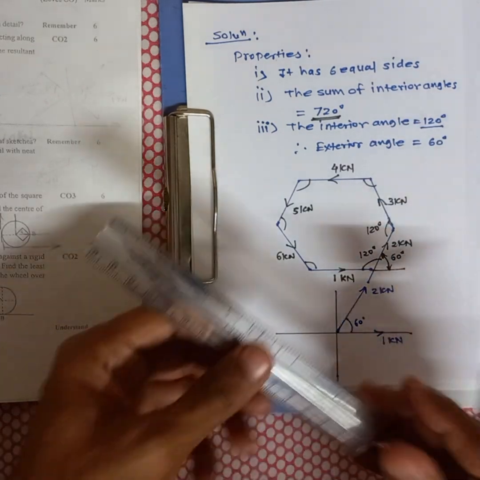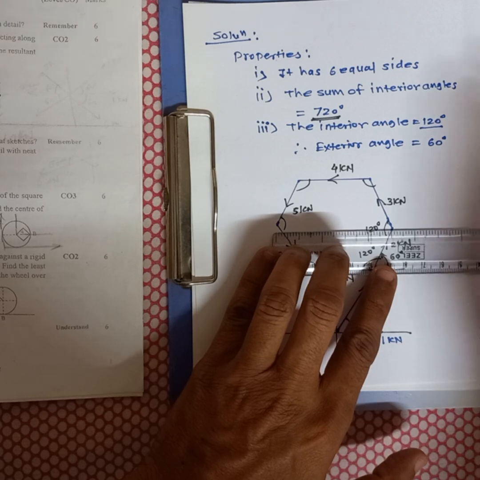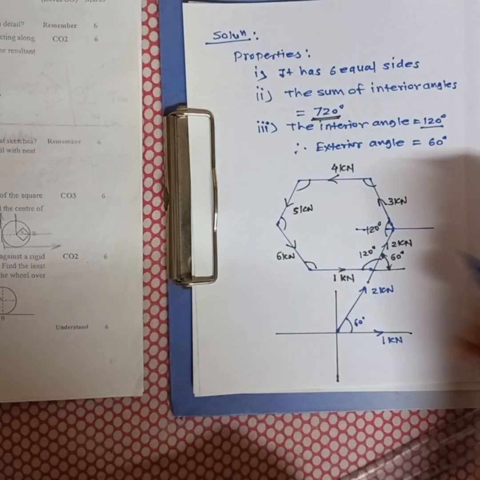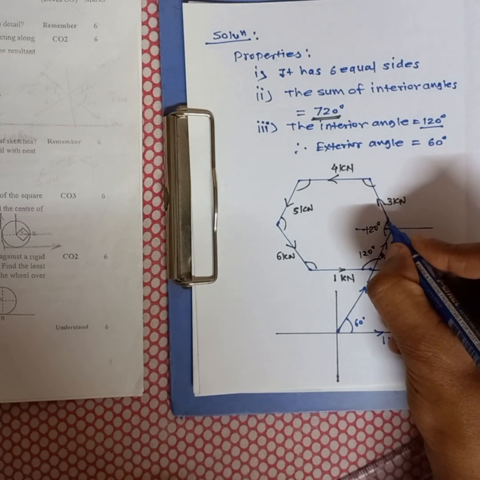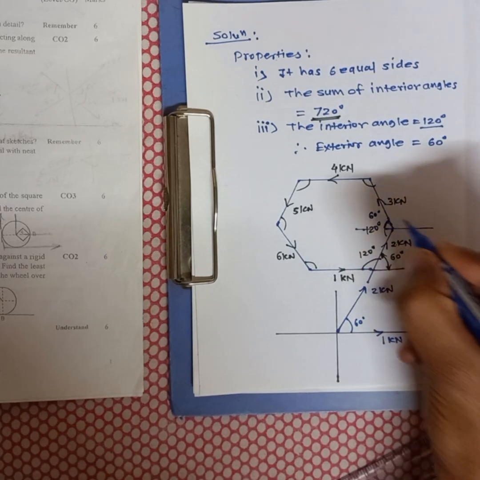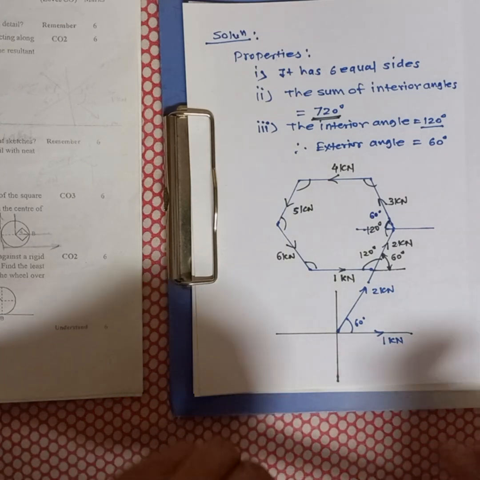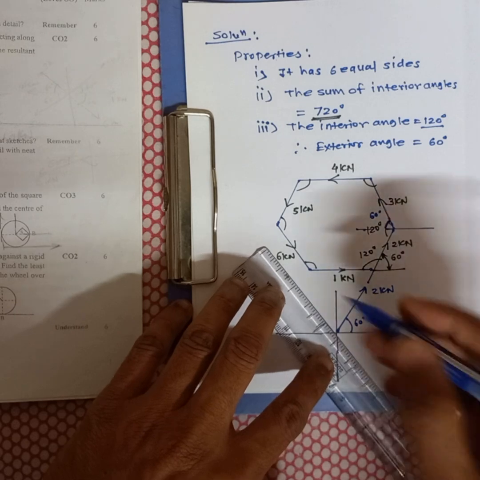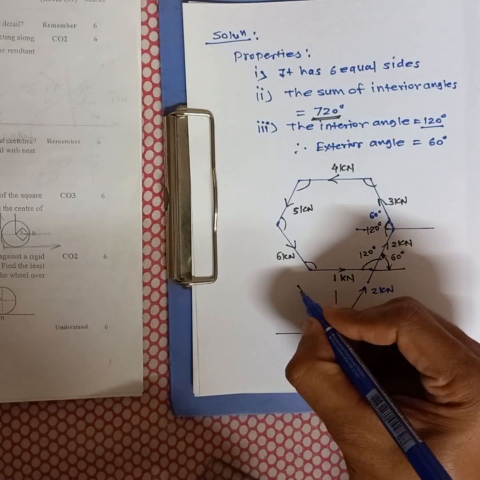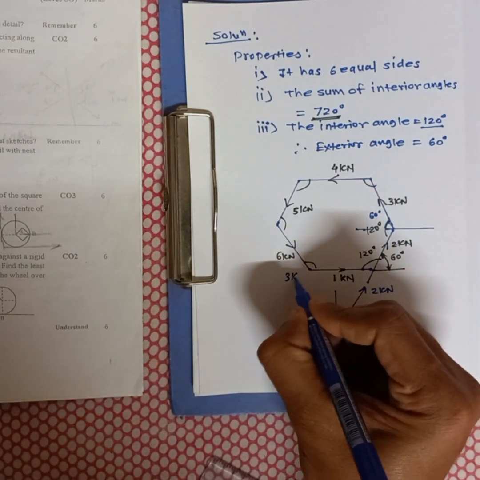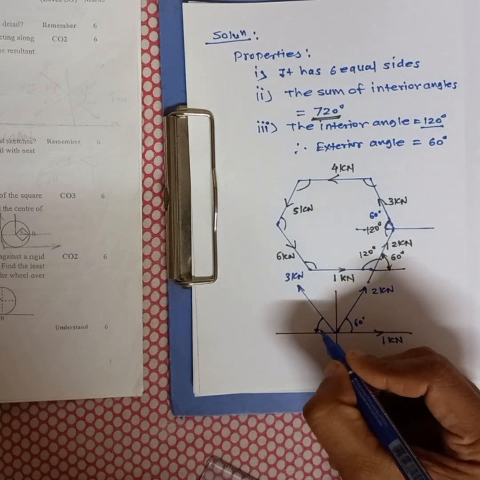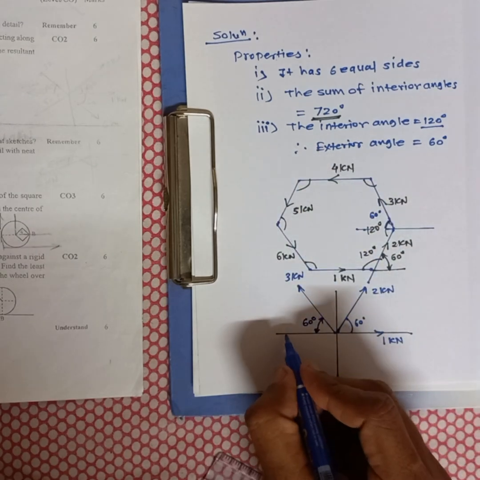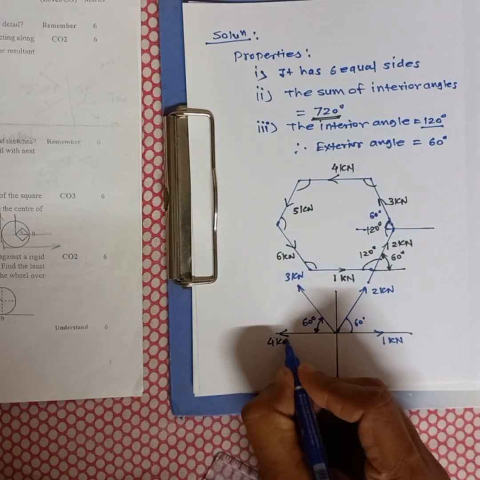The third force, now you can see here the angle, if you draw like this with horizontal, this interior angle with horizontal will become 60 degree, okay, with horizontal, right? So I can show 3 kilonewton with respect to horizontal this side 60 degree. Then next force is horizontal 4 kilonewton.